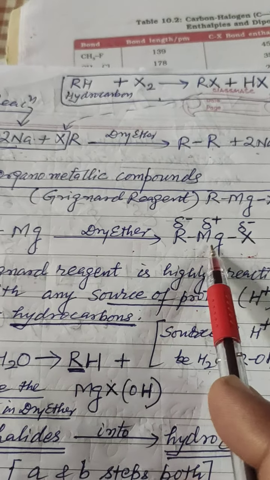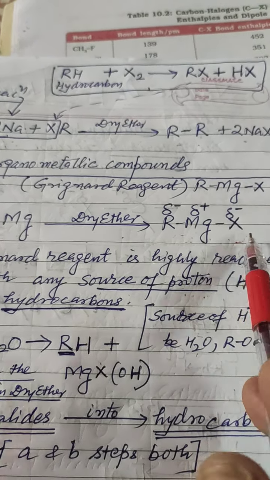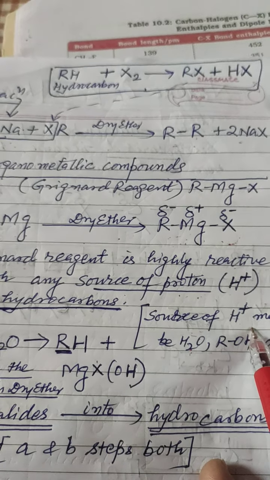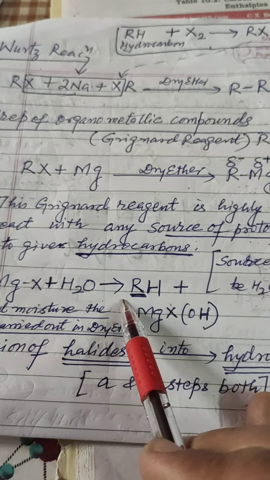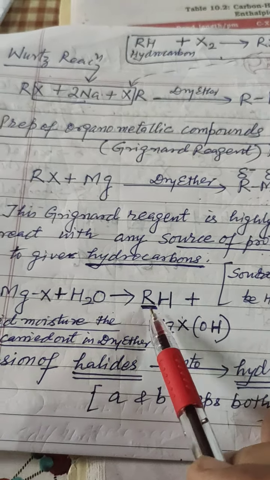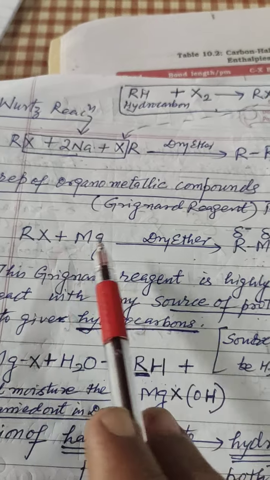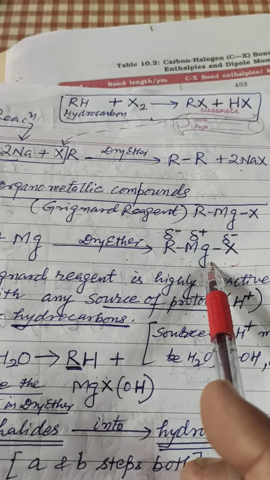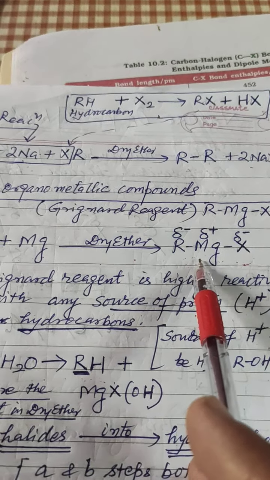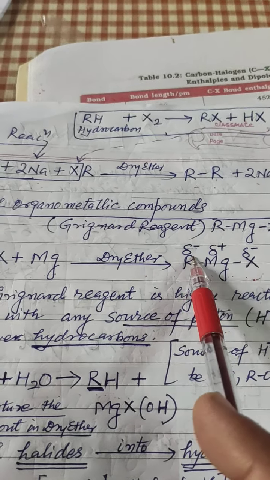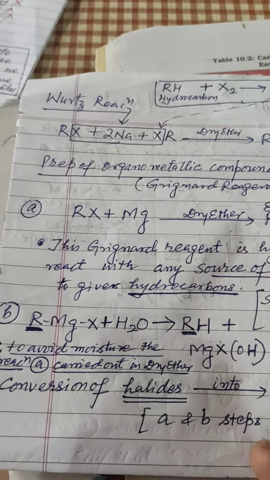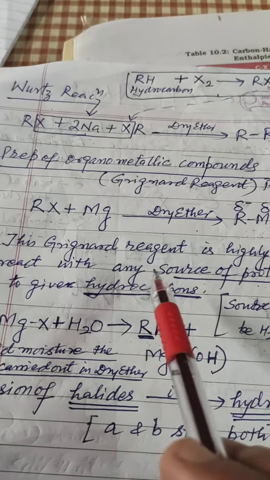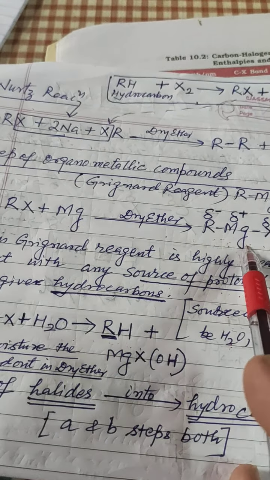So if RMgX, this Grignard reagent, reacts with any source of proton, for example, here it is reacting with water to form alkane. Main product is alkane, RH. RX converted into Grignard reagent. So here if we have to form a Grignard reagent, then dry ether is required, because no moisture should be present here.